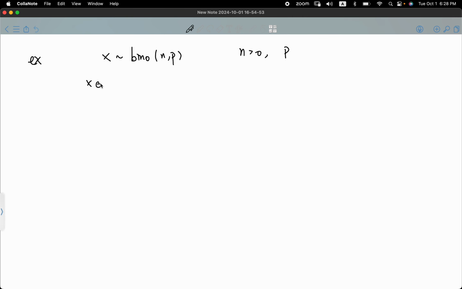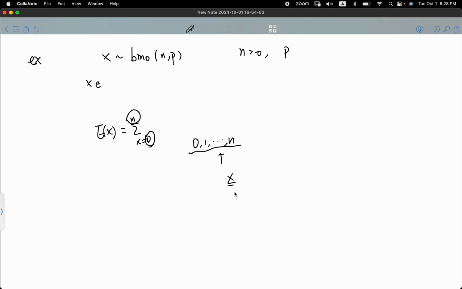Like, for example, when you evaluate the expectation for a discrete case, here x can take values from 0 to n. So this 0, 1, all the way to n is called the support of x for the binomial distribution. So whenever people ask for support, it's referring to what x can take.